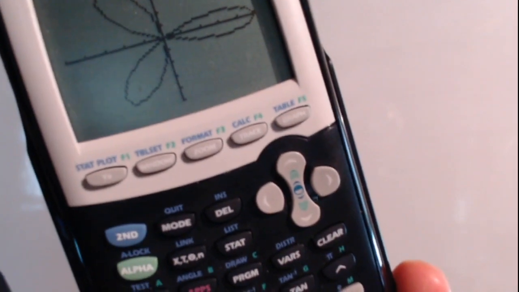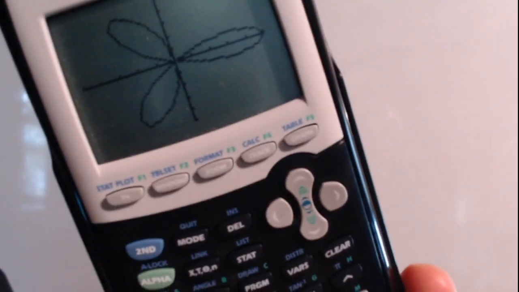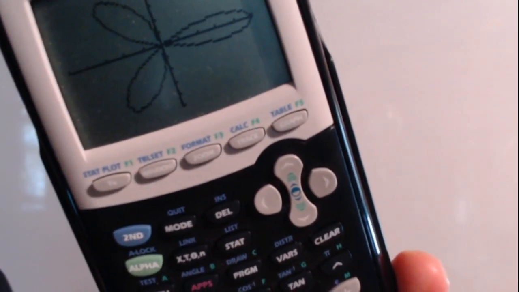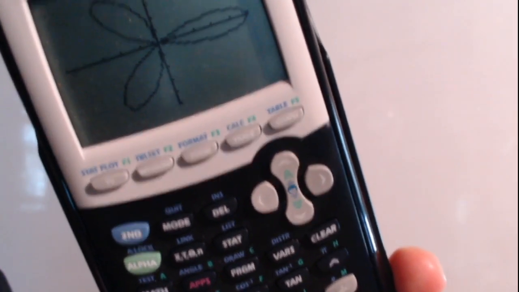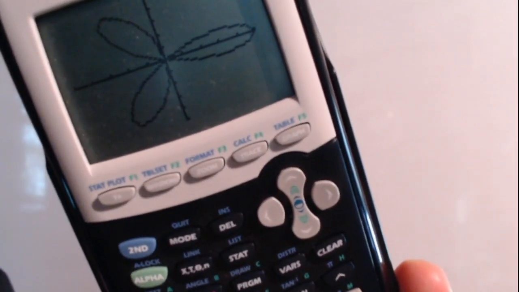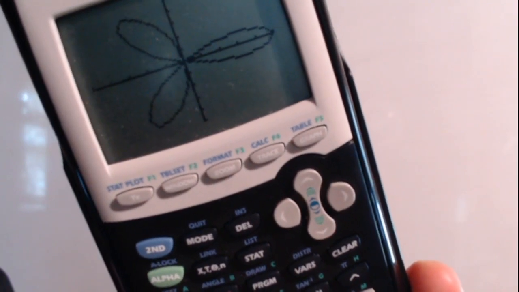Now here's one thing I don't like. The scale on here is not correct, because all three of those things should be the same size. What does zoom 0 do? Yeah, zoom fit should work. So it'll fit it to the screen. But again, we get something that doesn't look exactly symmetrical, right?